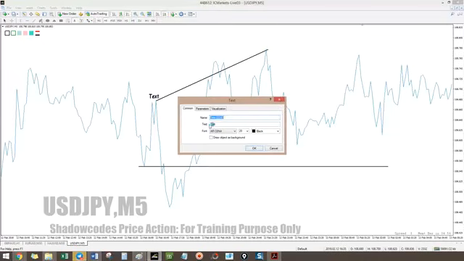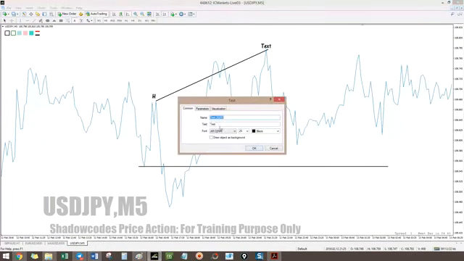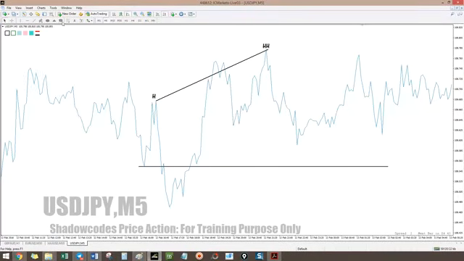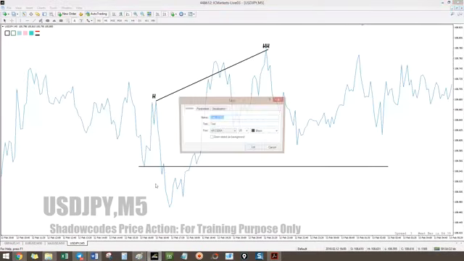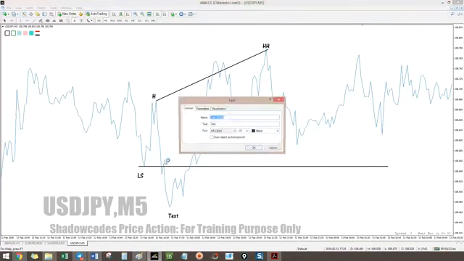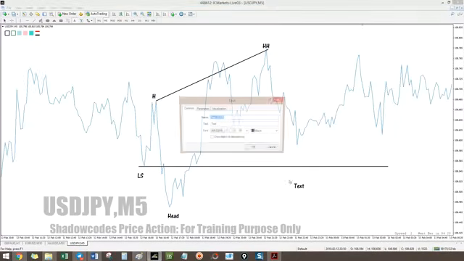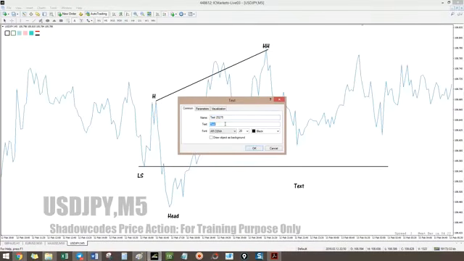This is our high, and this is our higher high. This is our left shoulder. Over here will be our head, and over here will be our RS, or right shoulder.